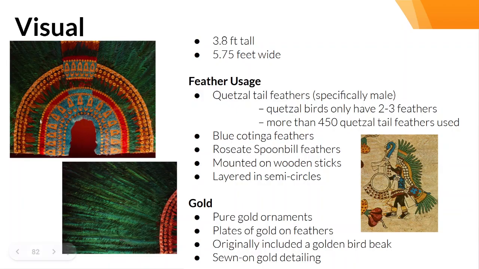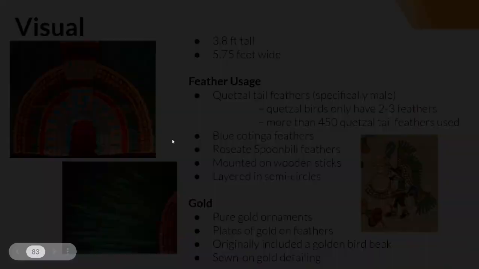The gold ornaments going through are plates of gold, and they're woven into the feathers. They also would have had a golden bird beak here, but that is no longer there. We see that in the replica, but not in the real one anymore. And then the gold would have been sewn on in the gold detailing.